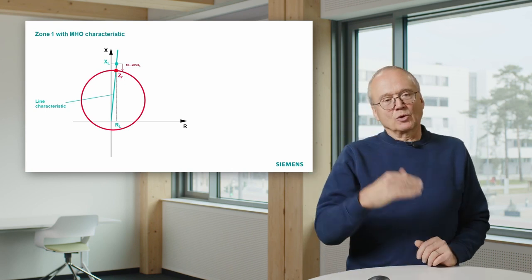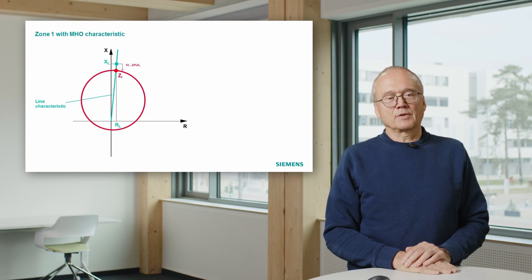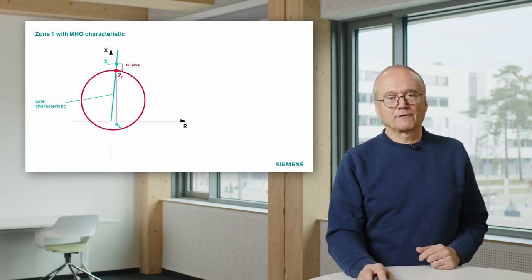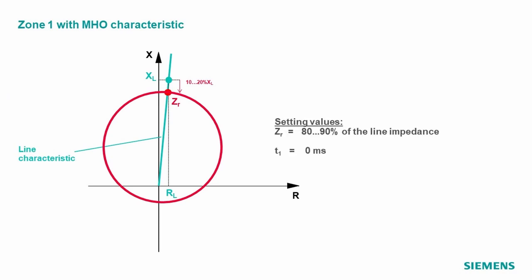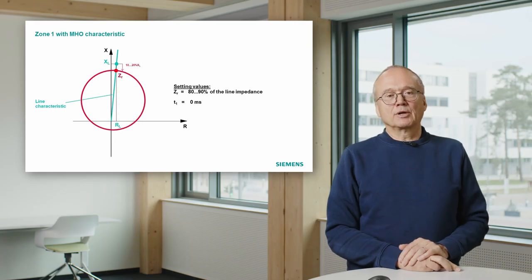And that means you also have to do this reduced setting of 80 or 85%. And you then make a timer setting. That means all the other ideas I would like to discuss later on are also applicable if we have this type of characteristic.